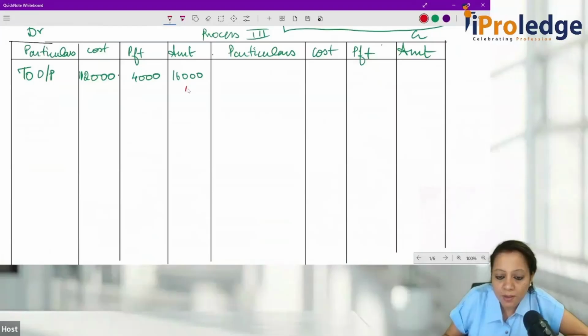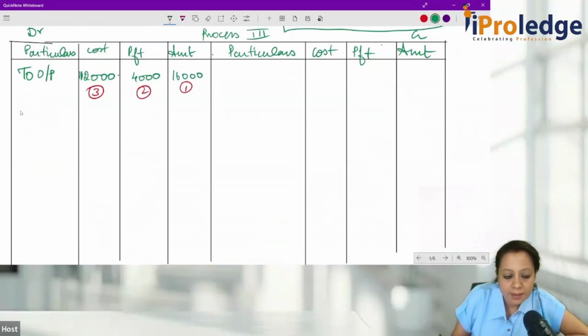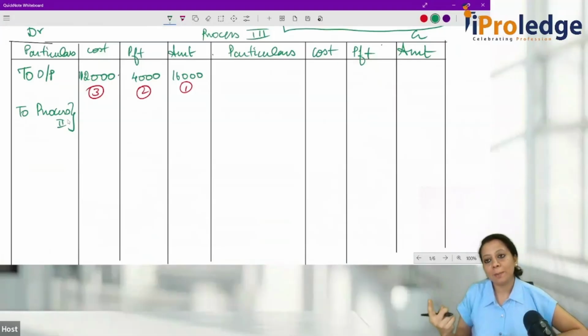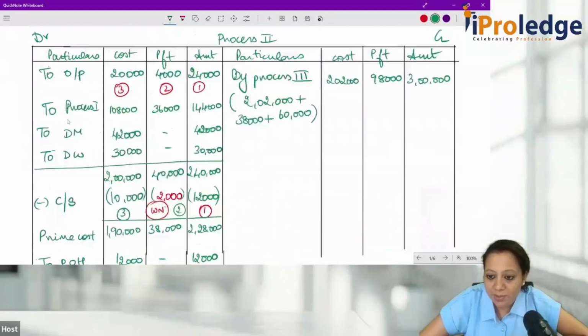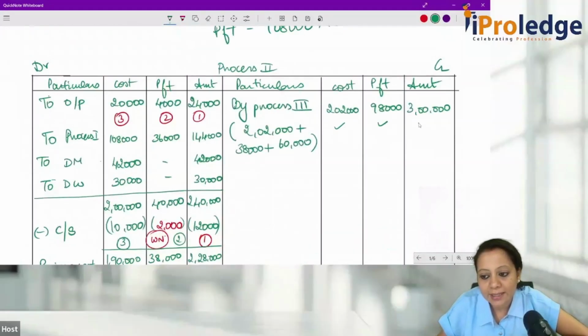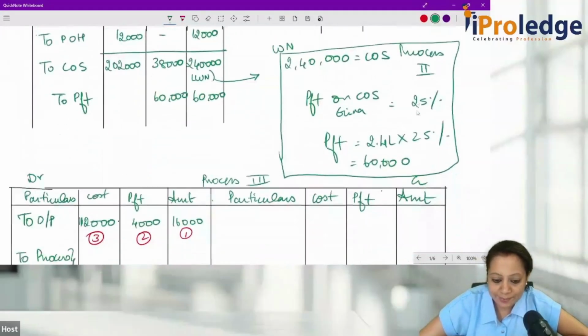Those of you who want, please write 1, 2, 3. That is how we wrote this. Then from process 2. Because there we have written by process 3, here it is from process 2. The amounts are 2,02,000, 98,000 and 3 lakhs.